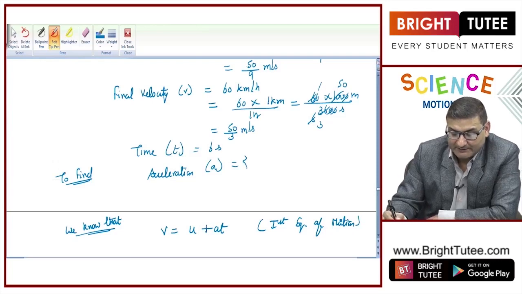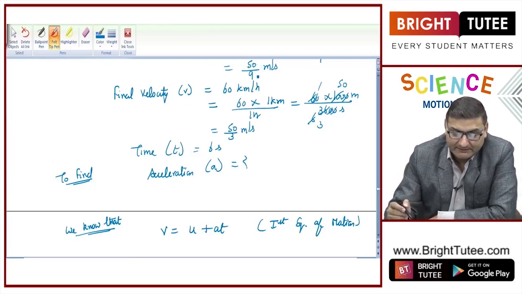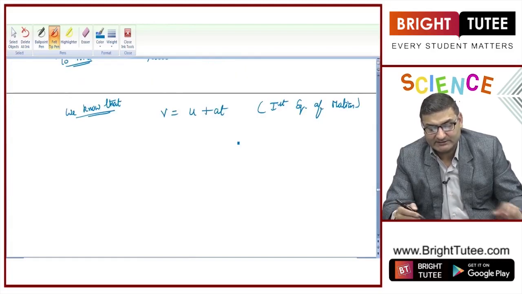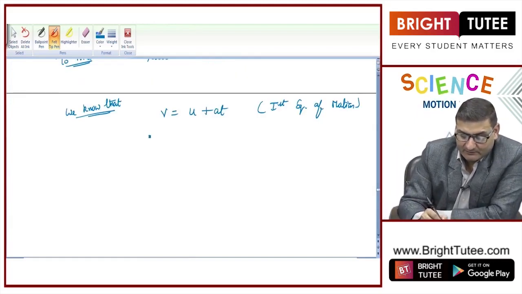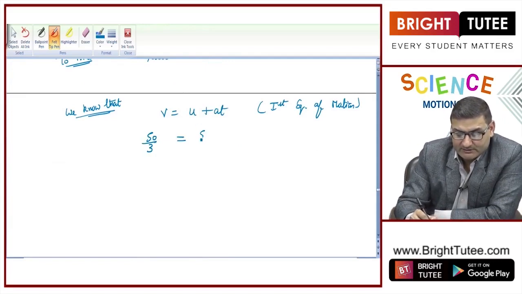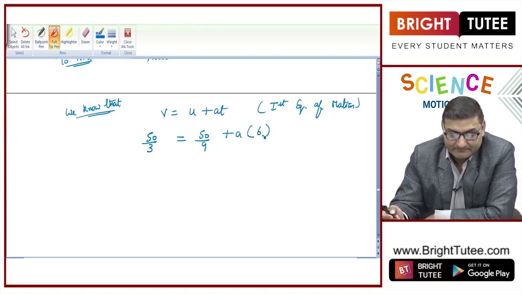Now, putting all the values, the final velocity is 50 by 3, initial velocity is 50 by 9, t is 6 seconds. By putting the values, we will just calculate the value of acceleration. Let us see how. Final velocity was 50 by 3 meter per second, initial velocity was 50 by 9 meter per second plus a into time, which was 6 seconds, right.